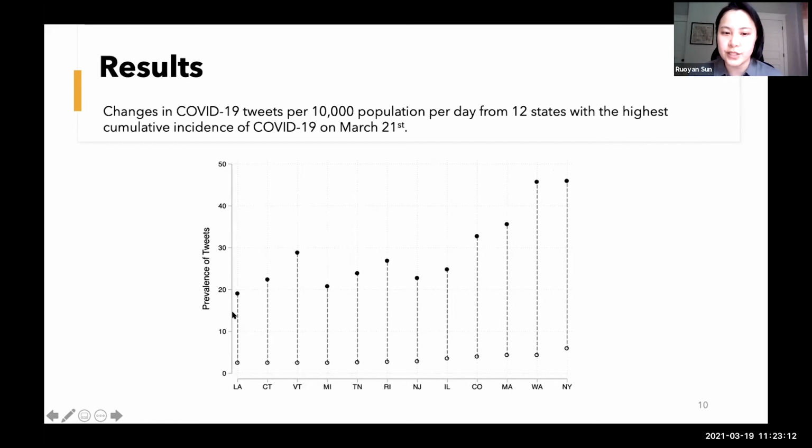In general, there is a huge increase across all the states in COVID-19 tweet prevalence from January till March. And for places like Washington and New York, which were the initial outbreak locations in the US, you see the biggest increase in prevalence.